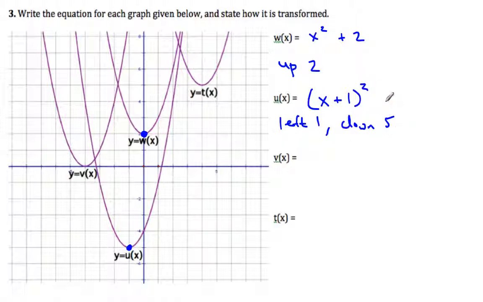And then down 5, we say minus 5. Now V of x is over here. Notice it's just been moved left 5. So in our equation, what that looks like is x plus 5 squared.